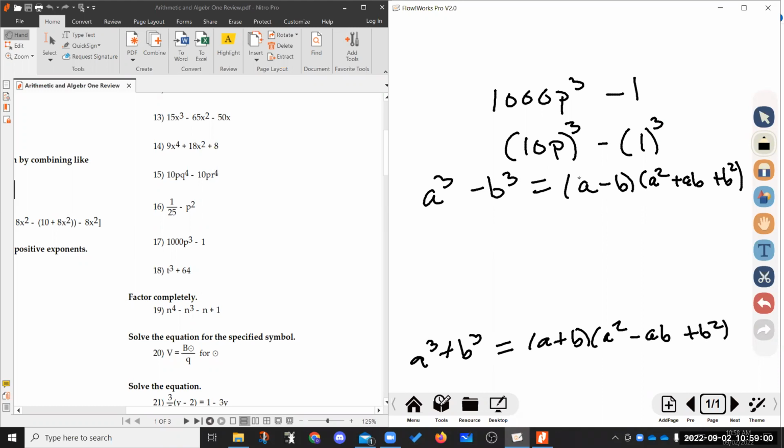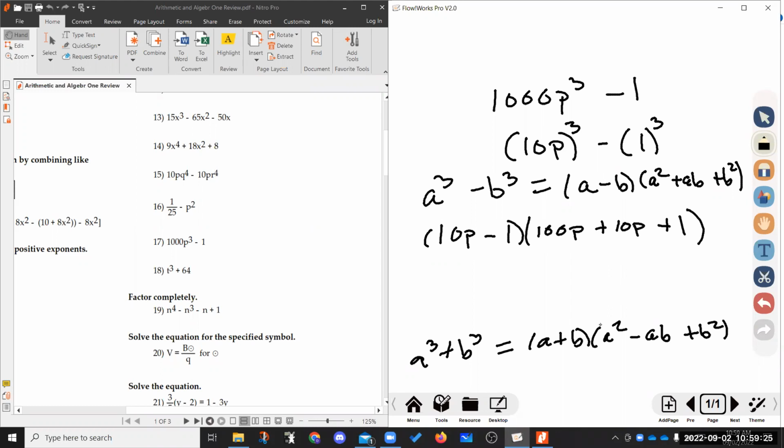We're going to be using the difference of cubes formula here, where our a is 10p and our b is 1. So 10p minus 1, 10p squared is going to be 100p squared, 10p times 1 is going to be 10p, 1 squared is going to give me 1.